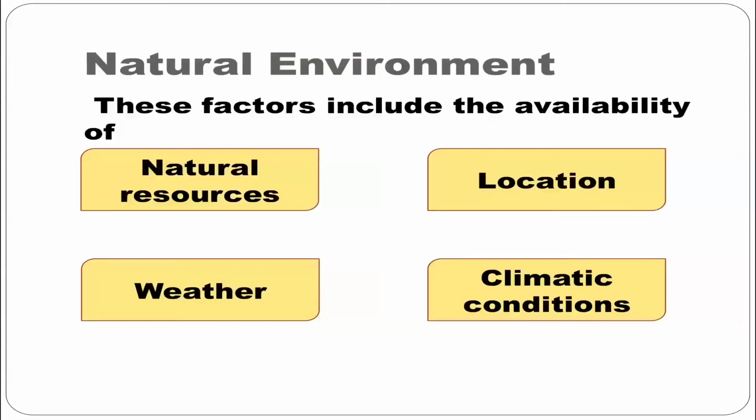Business is generally influenced by the nature of the natural environment. Natural factors include the availability of natural resources, location, and weather of that particular place. Wool is made with the help of the fur of sheep that are located in cold areas. Similarly, natural environmental factors include climatic conditions also.